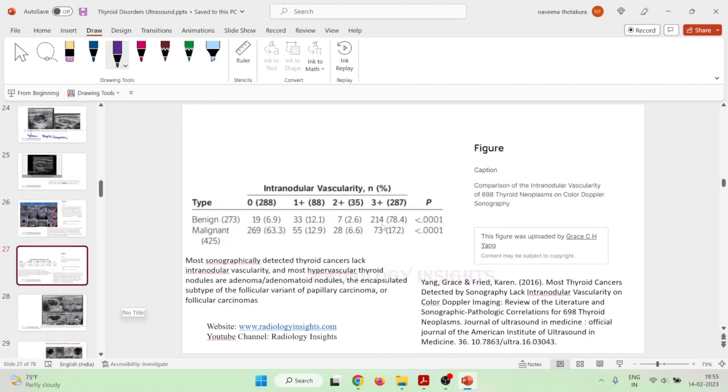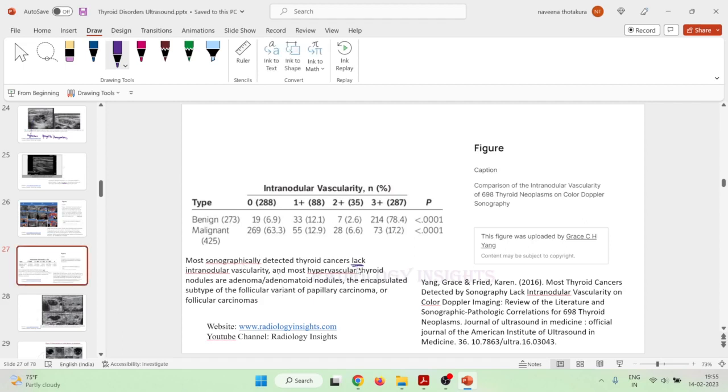So this is also from an article actually. According to this article, the increased vascularity is mainly seen in malignant nature. In most of the adenomas, you will not see any vascularity. Majority of cases, vascularity is absent.